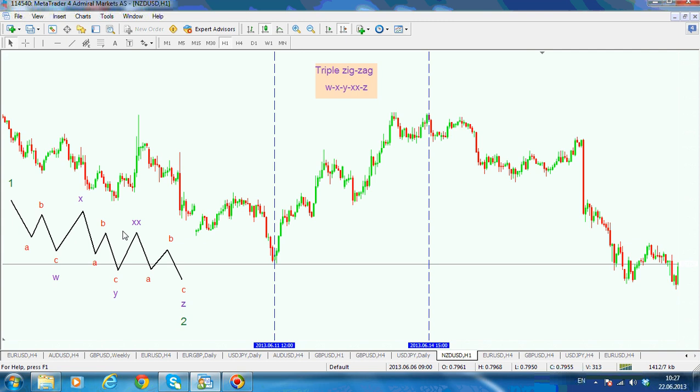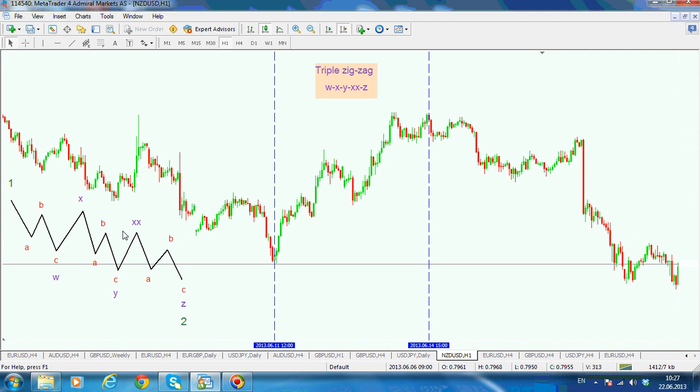But again, this is not mandatory. Wave XX will usually retrace 30% of wave Y, and the most likely retracement is 38.2%. So the most likely Fibonacci relation between the XX wave and the Y wave is 38.2%.